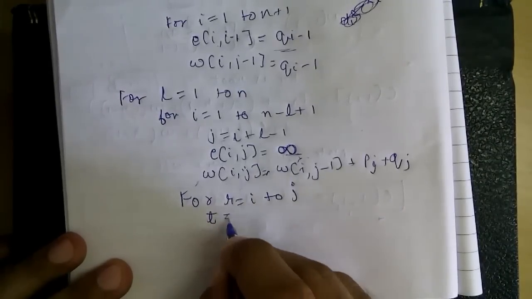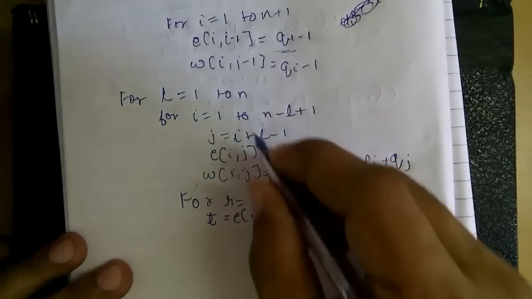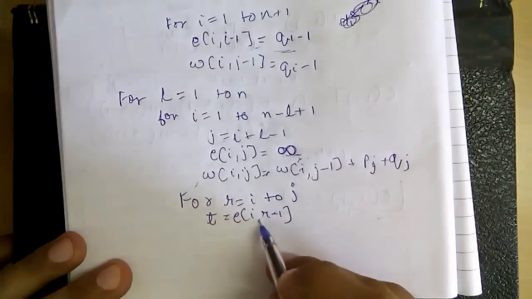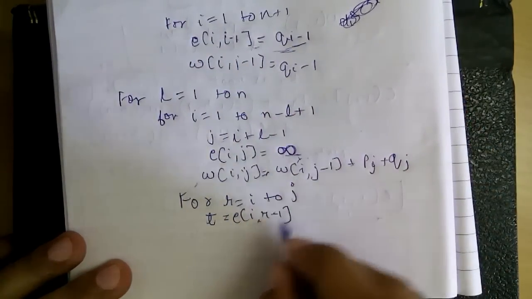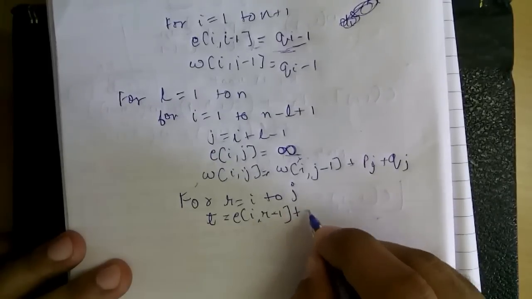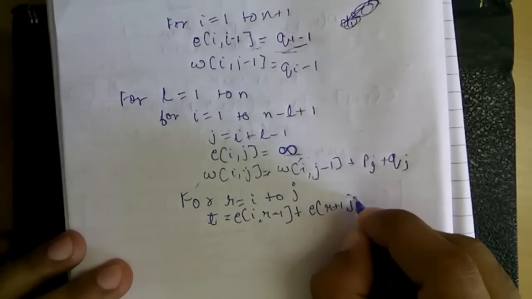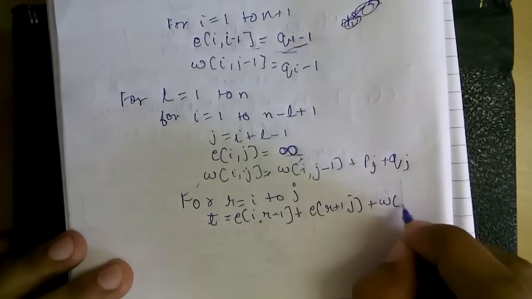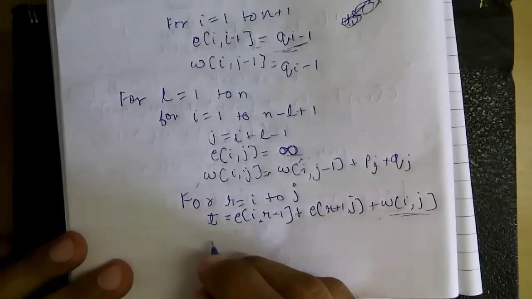This will be our cost, that is e of i, r minus 1. As we have initialized this, we will get our initial value in the first iteration. So this is the expression of the cost: e of r plus 1, j plus the sum of probabilities of that subtree.